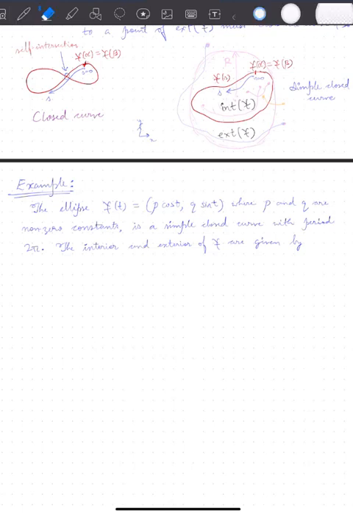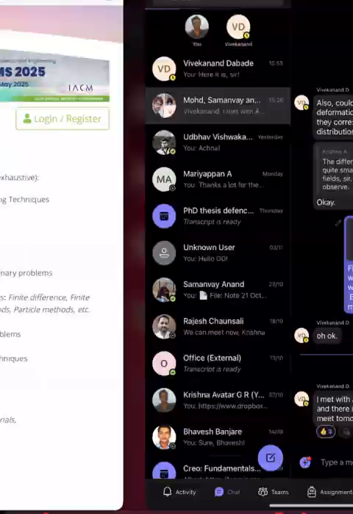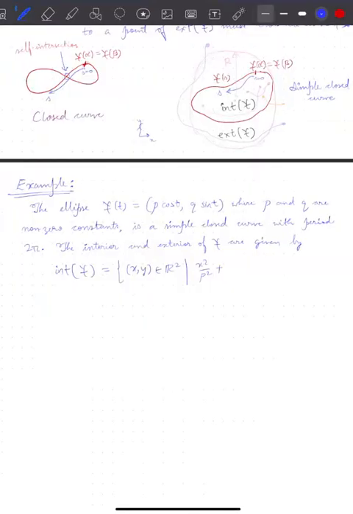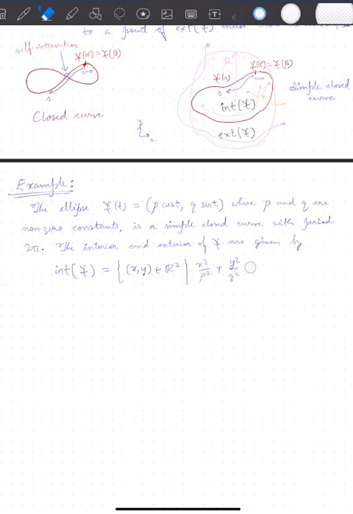So the interior of gamma vector will be equal to all those points (x, y) in R2 such that x squared by p squared plus y squared by q squared is less than 1, where p and q are the semi-axes of the ellipse. So this is the interior.